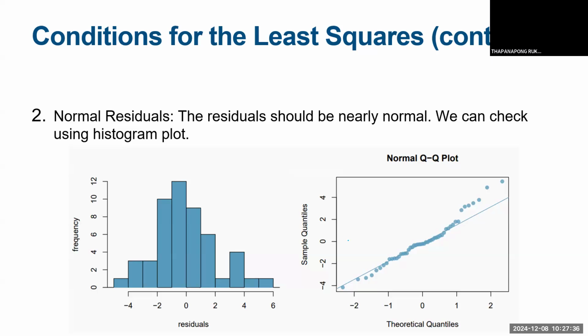It means that most of the points should have a residue close to zero, maybe some points outside the range, and the histogram plot should follow the normal distribution.